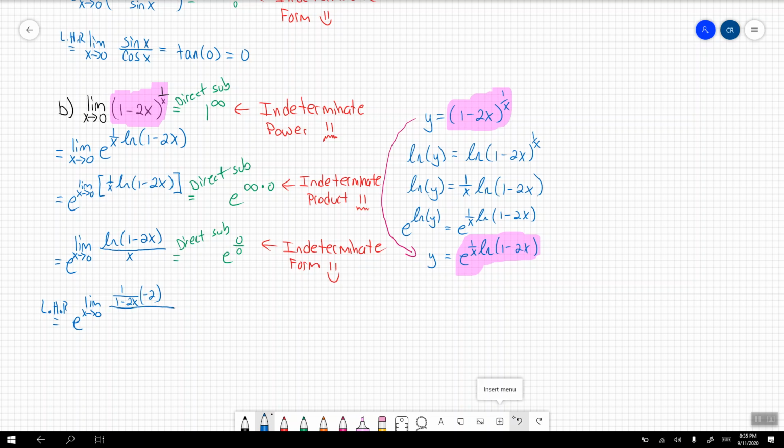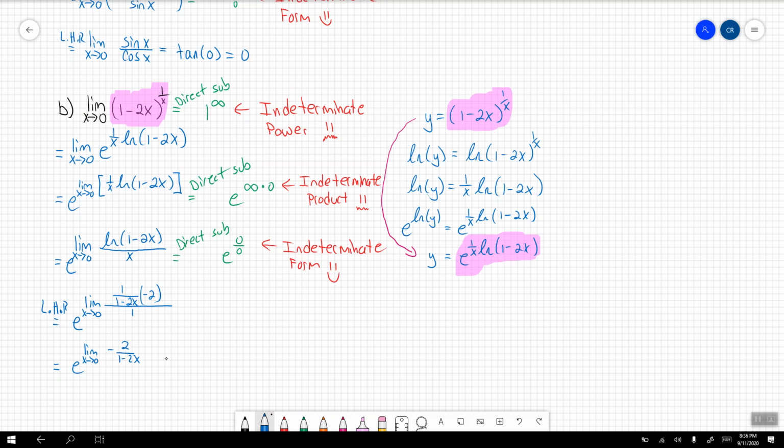That's all going to be divided by the derivative of x, which is just 1. Okay, let's clean this up. E to the power of the limit as x approaches 0 of negative 2 divided by 1 minus 2x.